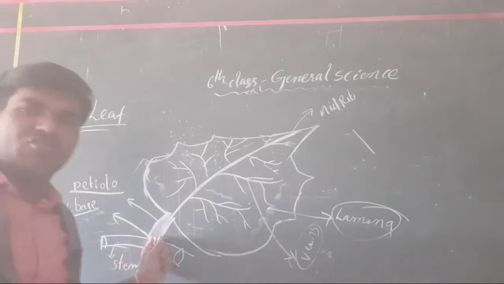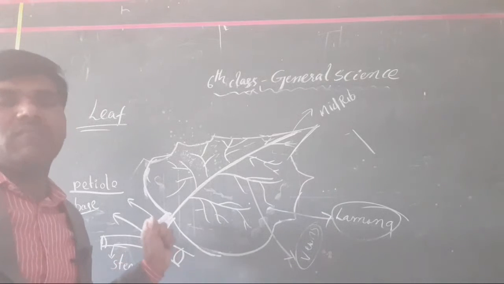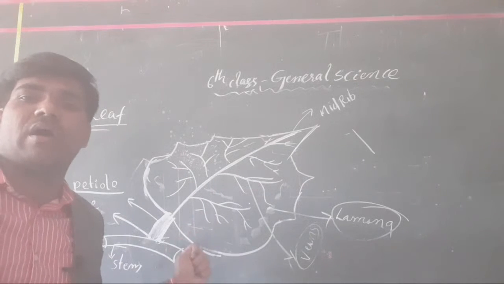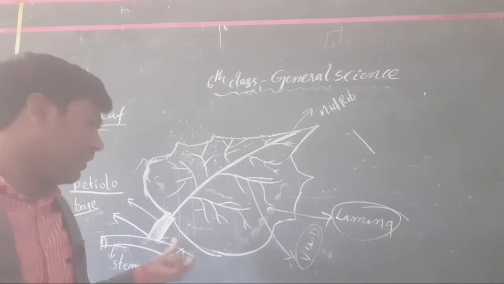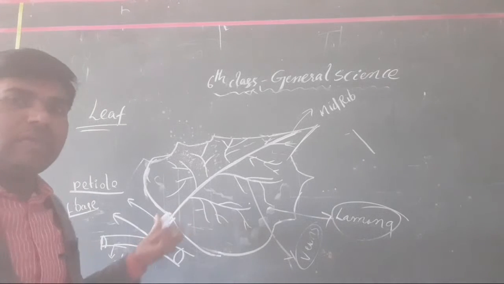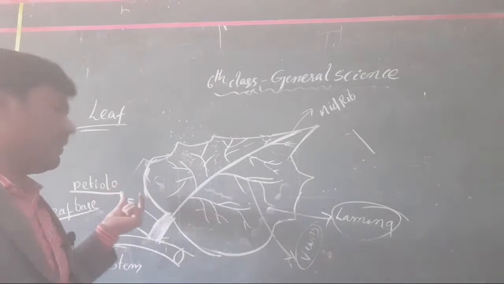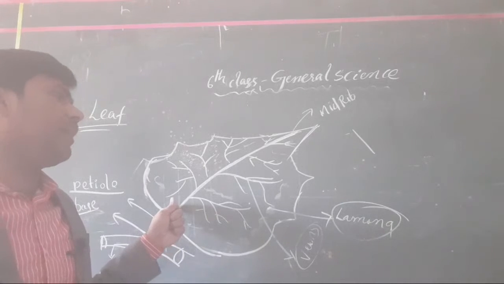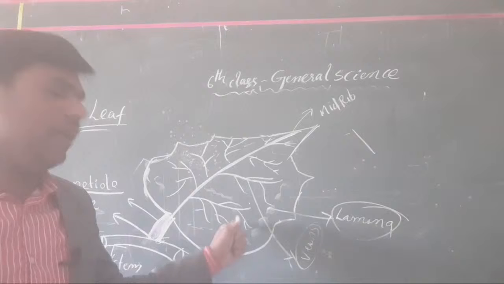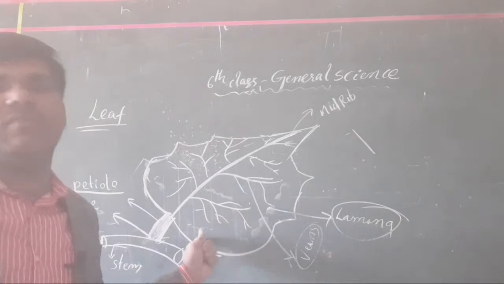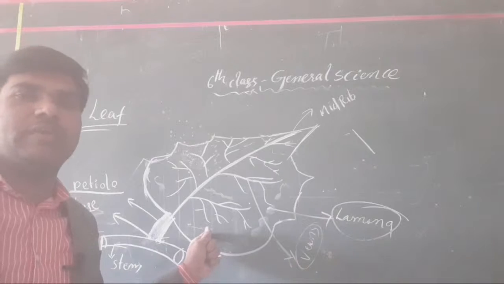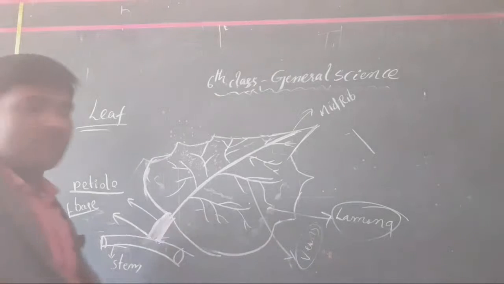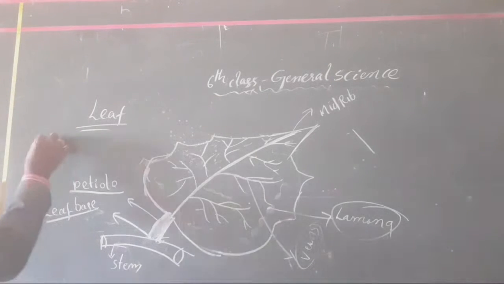Due to this connection only, whatever minerals, water and required food are needed by the leaf are transported through the stem to the leaf by using the leaf base and petiole. Then it enters through the midrib and spreads through the lamina and veins. These are the main things in the leaf. I hope you got it. Then next, the next concept is venation.